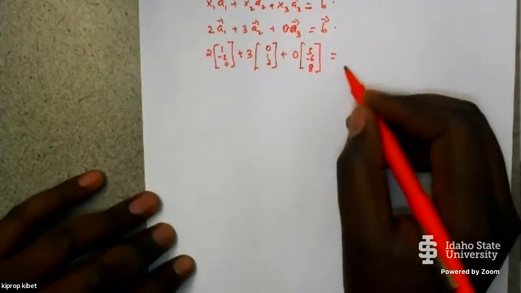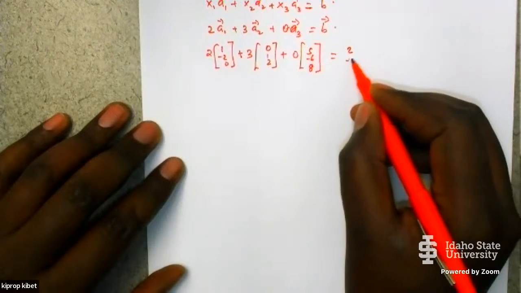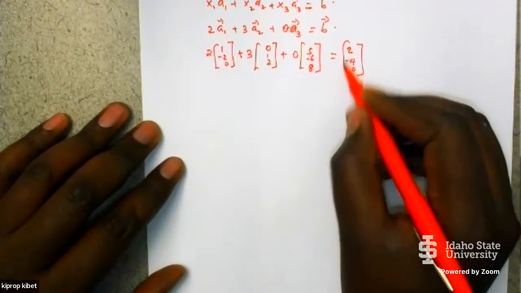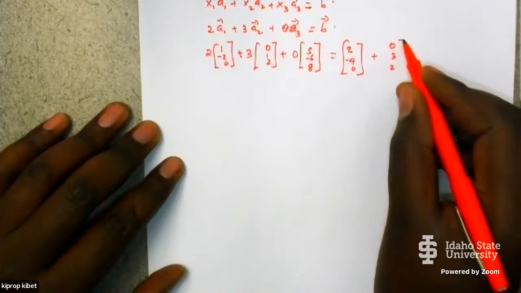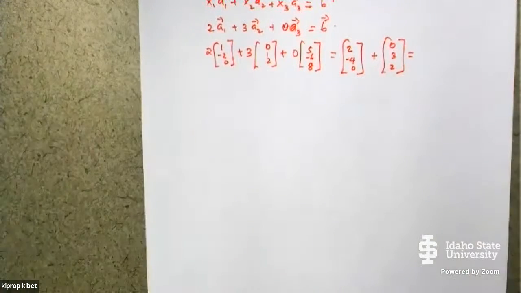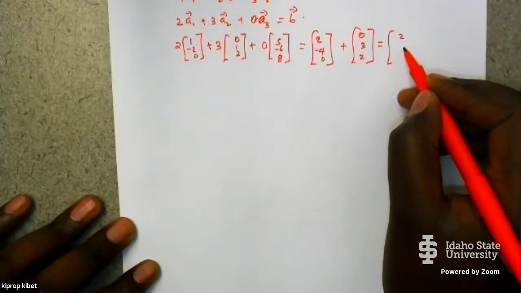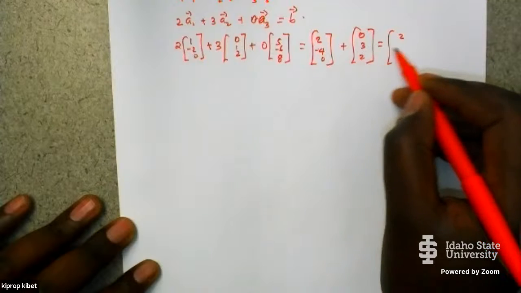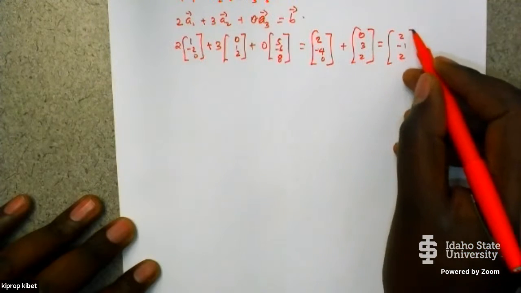If we distribute 2 there, 2, -4, and 0, and then plus 0, 3, and 2. The other one is 0. So we have 2 minus 4 plus 3 is -1, 0 plus 2 is 2.